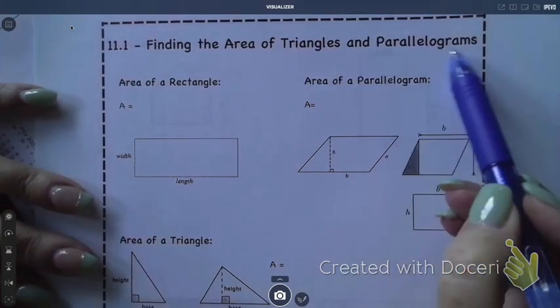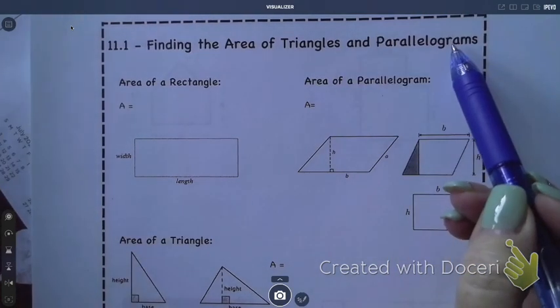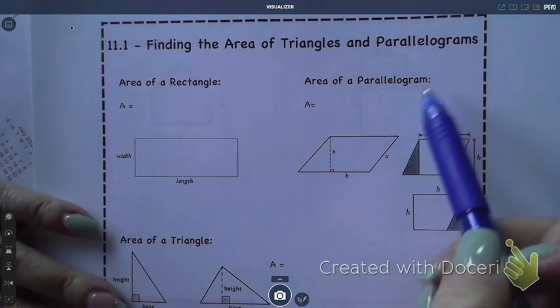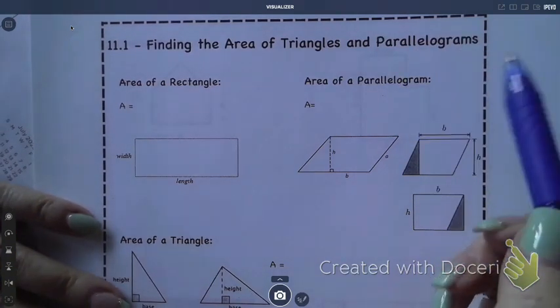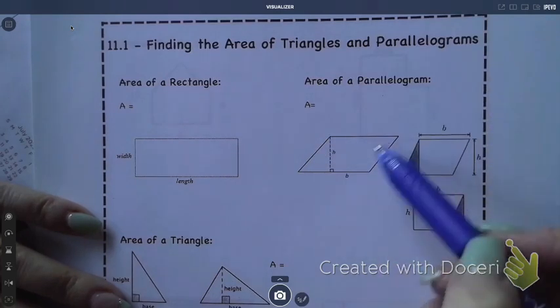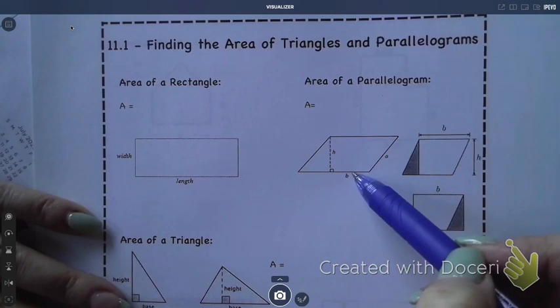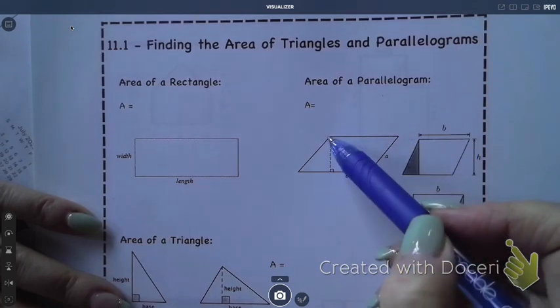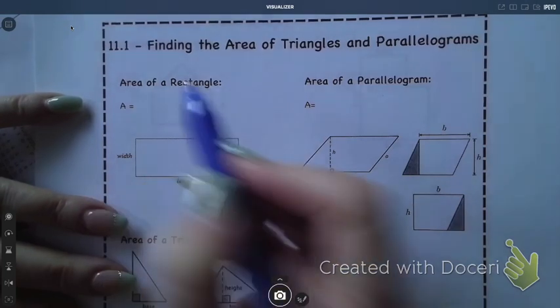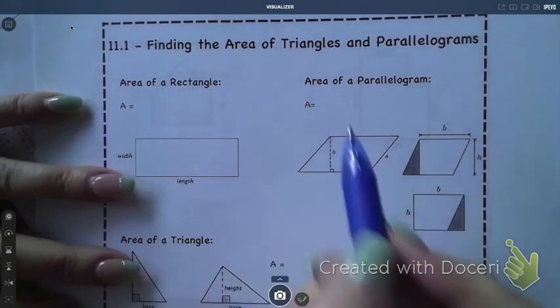So a parallelogram is something that has two sets of parallel sides. That could be a square, it could be a rectangle, it could be just a parallelogram. See, this is parallel to this, and this is parallel to this, okay? So the area of a rectangle, and you notice I didn't put a square on here, did I?